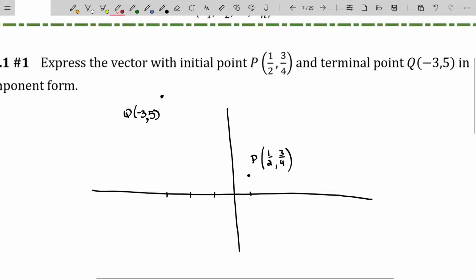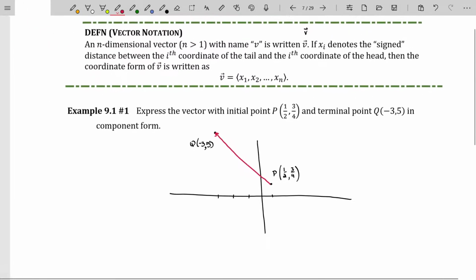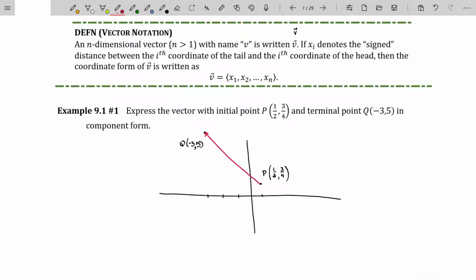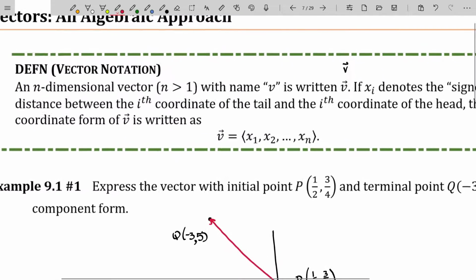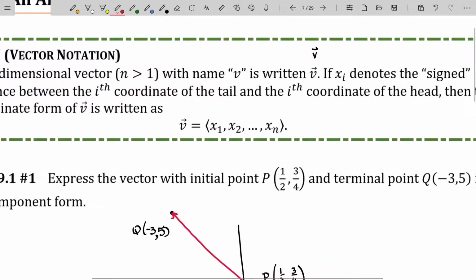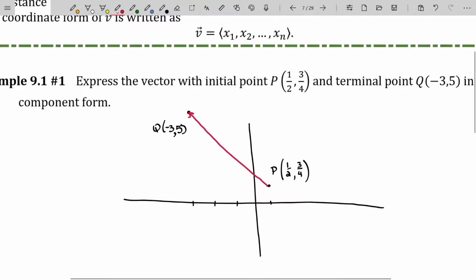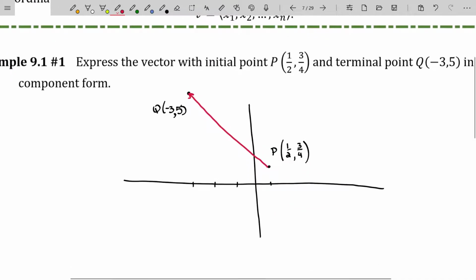What is the notation we'd use? All that fun stuff, right? I do know the initial point is point P and the terminal point is point Q. Well, by definition, the ith coordinate, let's just talk about the first coordinate. The first coordinate, x sub 1, denotes the signed distance between the first coordinate of the tail and the first coordinate of the head. So it'll be -3 minus 1/2.